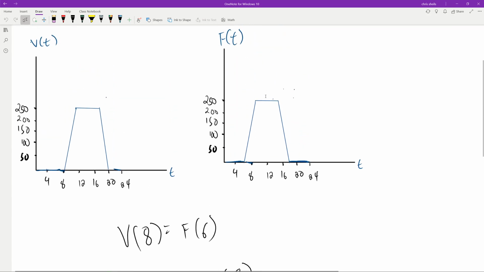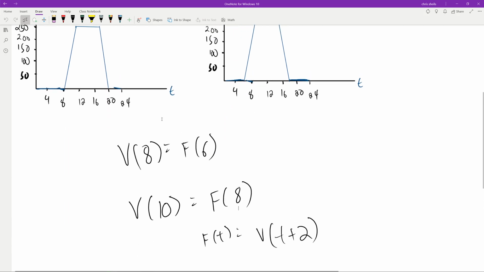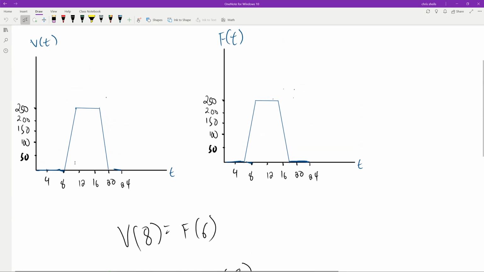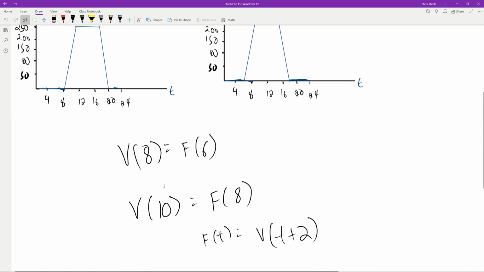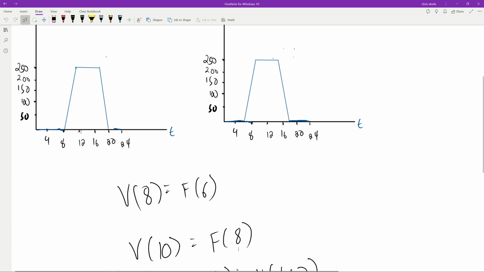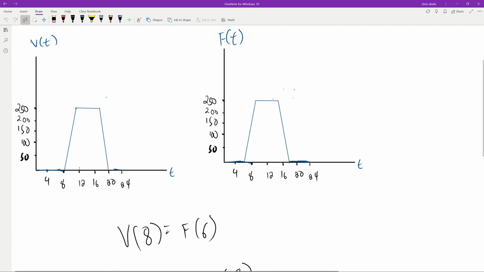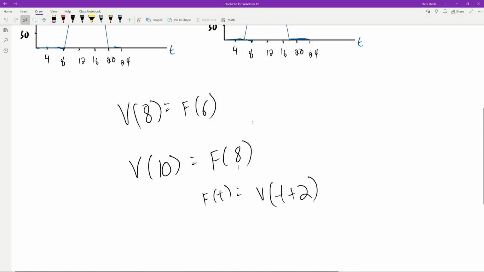Because I'm reaching these 2 hours earlier. So similarly, if I look at v of 12, for instance, this is the same as what? F of 10, right? V of 12 and f of 10 would be the same thing. Or v of 20 is the same thing as f of 18.